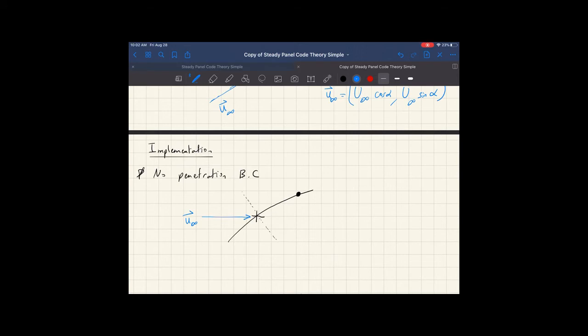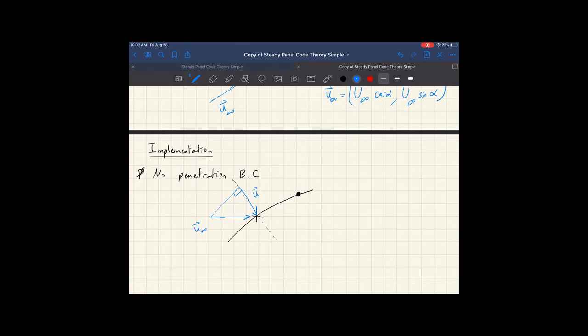So let me actually make it smaller so that I can draw. All right, so let's assume that here is the u infinity, or the free stream vector. The free stream vector will have some sort of a normal component that is normal to the curve shape that we have here, or the wing surface.